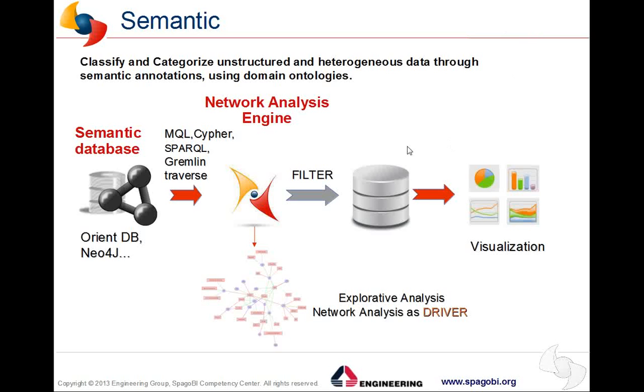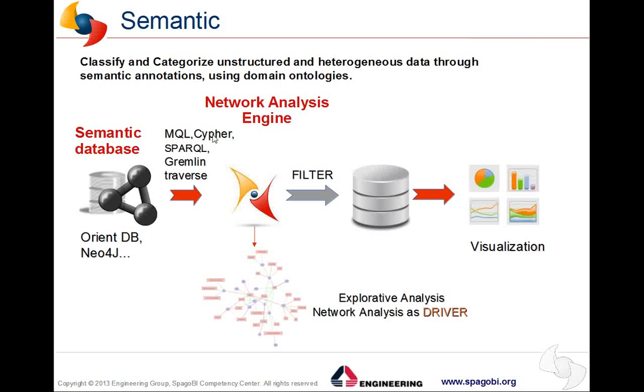And so the semantics is important, because you may have a lot of data, but it's important also to classify them, to categorize them, and to store them maybe with annotations, giving them additional information that maybe you don't have at the beginning. So it's not maybe just a problem of MapReduce to create datasets. Maybe you can add something more through the semantic annotations.